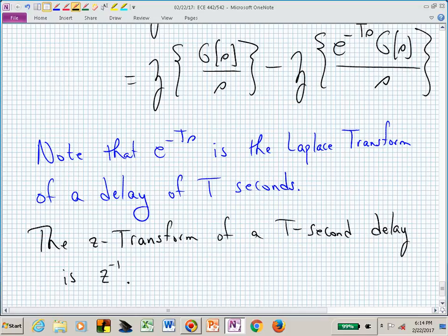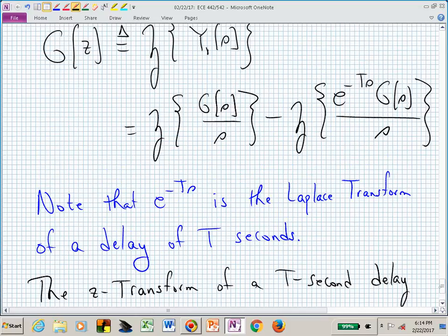It's just z to the minus 1. If you had that e to the minus ts in 340 or 320, you would start getting nervous, wouldn't you? You'd be going, oh my goodness, what's going on? Really? I have to do that? But in this class, that's convenient. It now just becomes z to the minus 1.